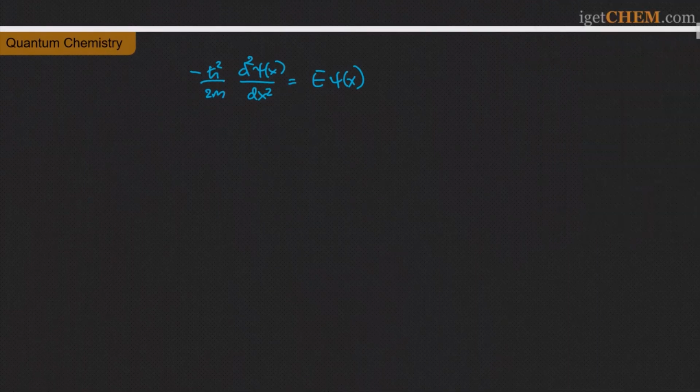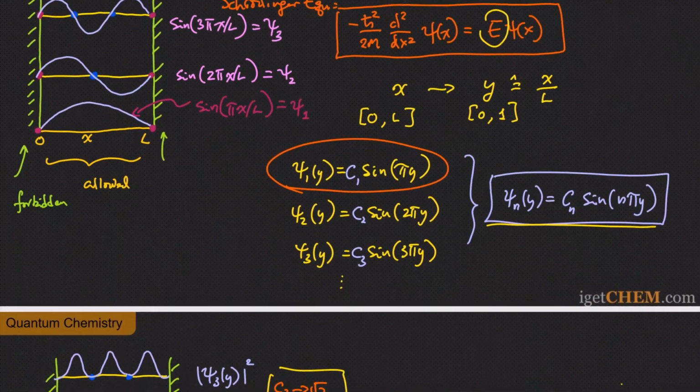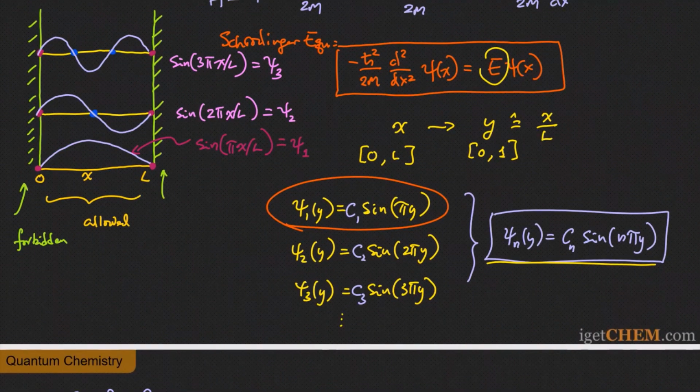Remembering the transformation of coordinates involves this definition right here, what we can see from this definition of y is that dy is just equal to dx divided by L. L is a constant, so the differential in y is equal to the differential in x divided by L, or L times dy is equal to dx.